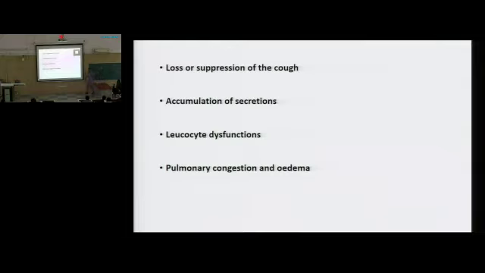So this is the normal mechanism. Whenever there is a hamper in this mechanism, the food particle goes into the respiratory tract, and that food particle sticks to the epithelial lining of the respiratory tree, and that causes secondary infection.